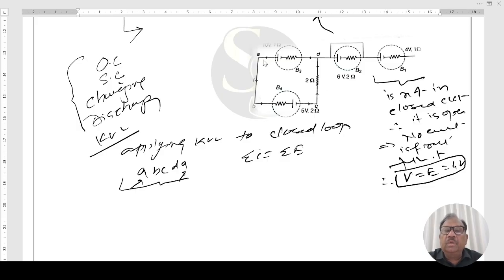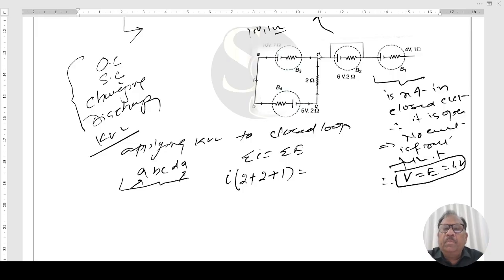Summation IR equal to summation E. Direction of flow of current is this. So this is 2 ohm: I into 2 plus 2 plus 1, that is equal to summation E. This is 10 volt, 10 volt, 1 ohm.